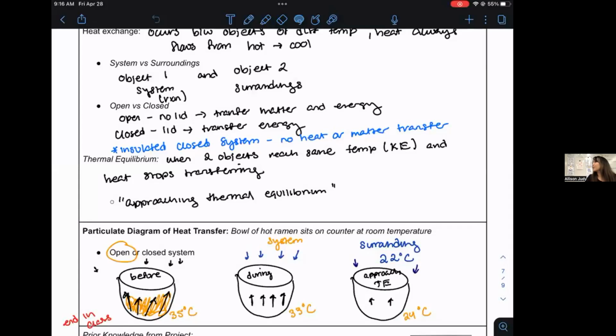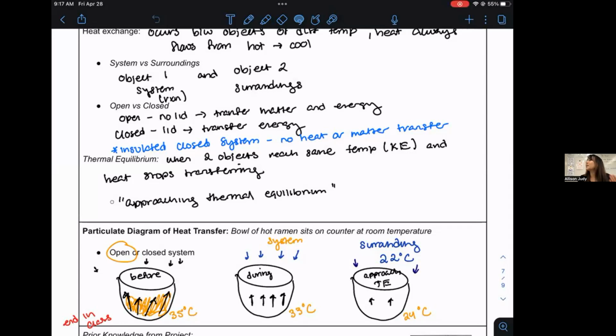So yesterday we spent the first half of class talking about heat transfer and particularly how understanding the boundaries of a system, whether it's open or closed, helps us understand how we might illustrate heat transfer between two objects of different temperatures. We learned that heat transfer eventually stops, known as thermal equilibrium, where the temperature is the same between the two objects.